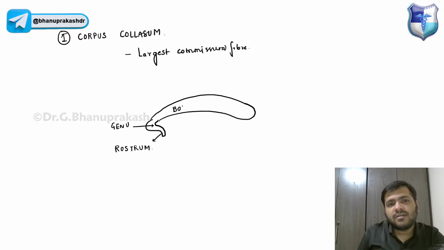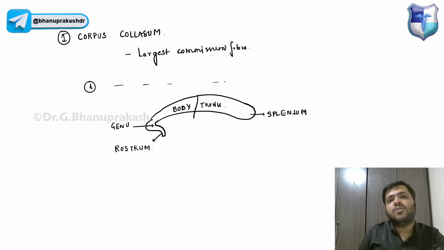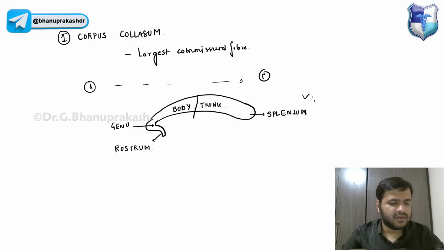A long part is called the body, also called the trunk. And the most posterior part is called the splenium. Anterior to posterior, the splenium is the most posterior and the thickest part of the corpus callosum, right?